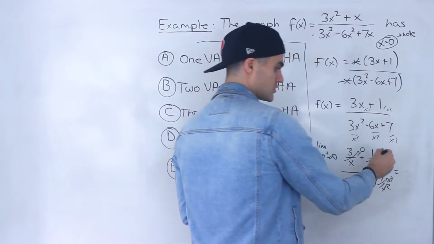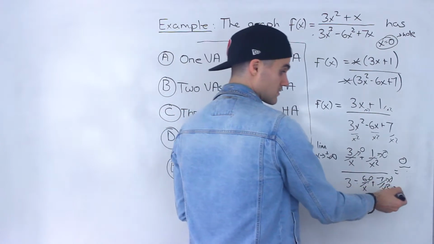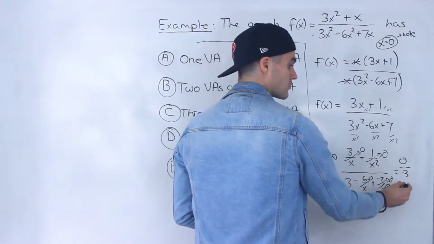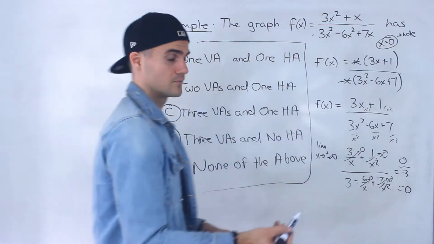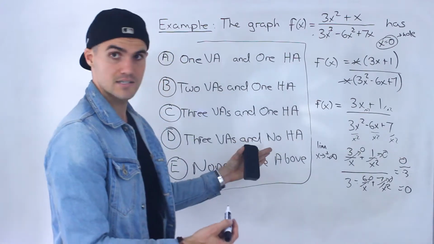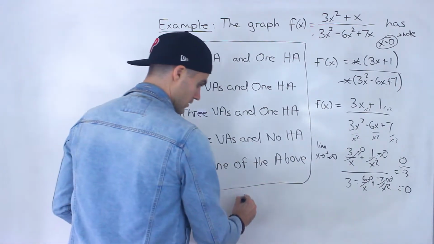So we would be left with 0 plus 0, which is 0, over 3 minus 0 plus 0, which is 3. And 0 divided by 3 is 0. And so we know that this function has a horizontal asymptote at a y value of 0. So I'll write it over here.